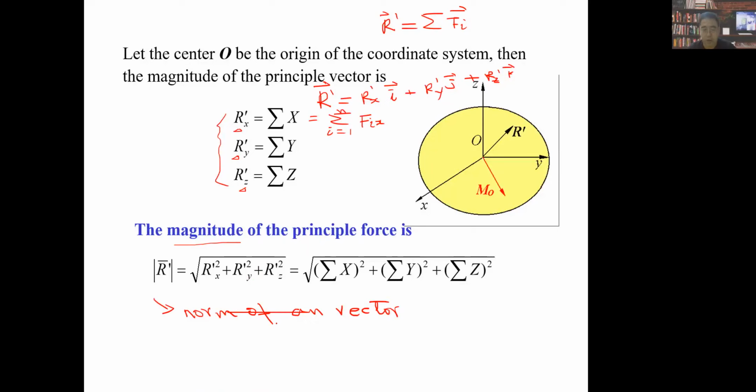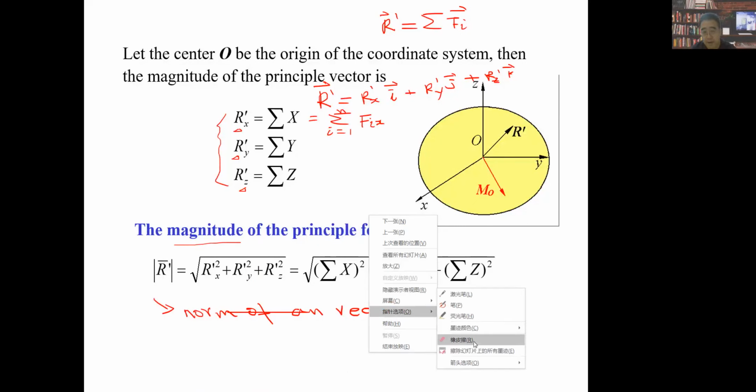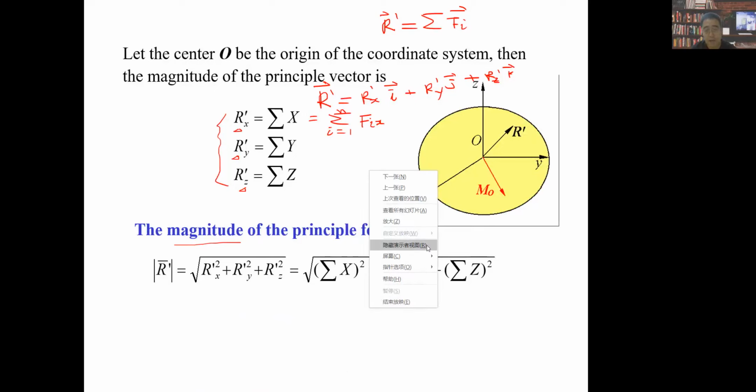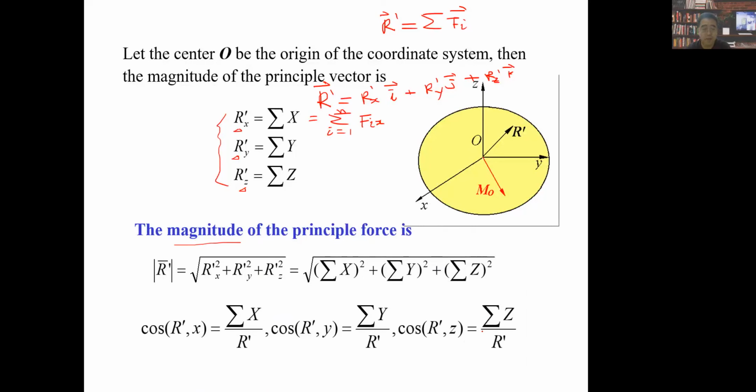And another is how to find its direction. That is very easy. As long as we have this, it's very easy, right? So I can just erase this line. So maybe something will show here. So you see, this cosine r prime f means we just consider the direction of this r prime.